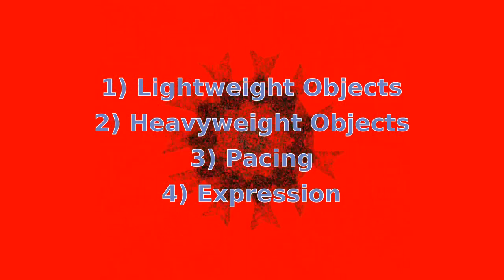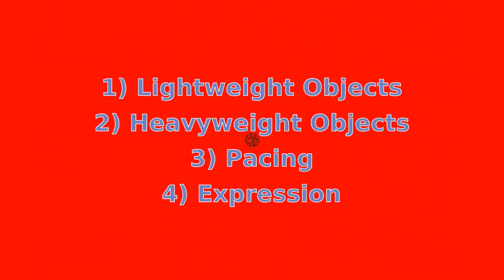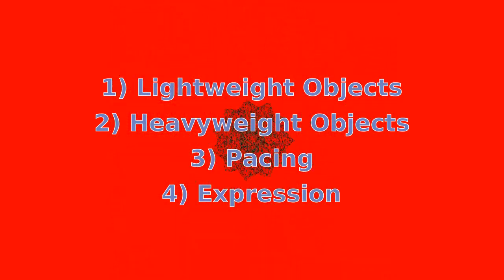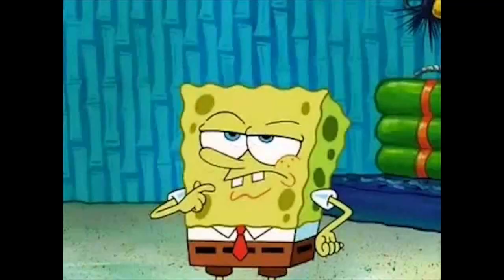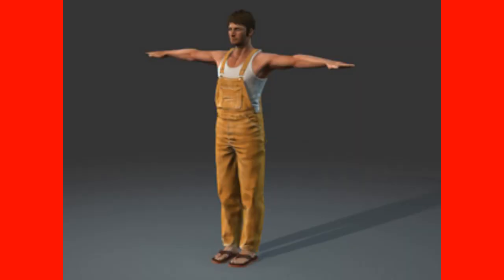But basically, we're going to go from lightweight objects to heavyweight objects, and then we'll cover pacing. Light and heavyweight will cover more straight up easing in and easing out, very action oriented exercises. But with pacing, we're going to exercise more of the restraint aspects, the cool nuance you want to see in a lot of animation, humans.